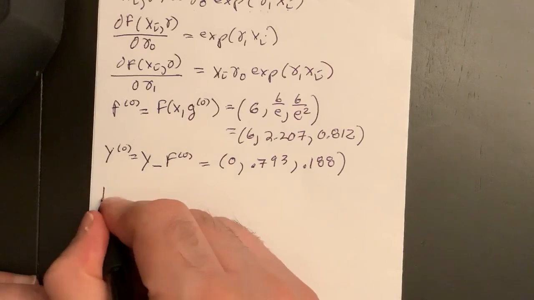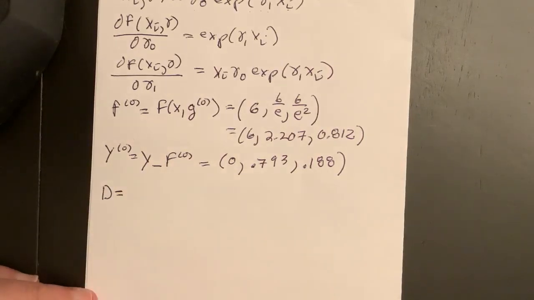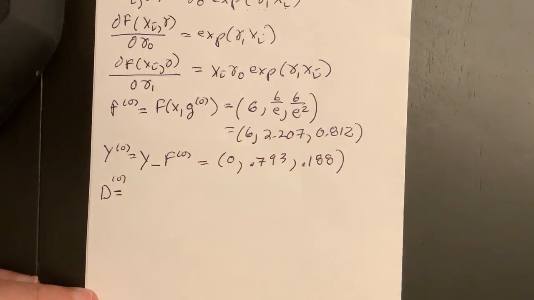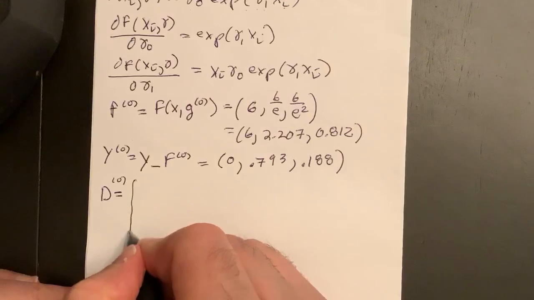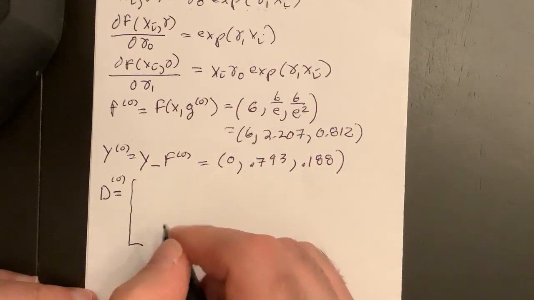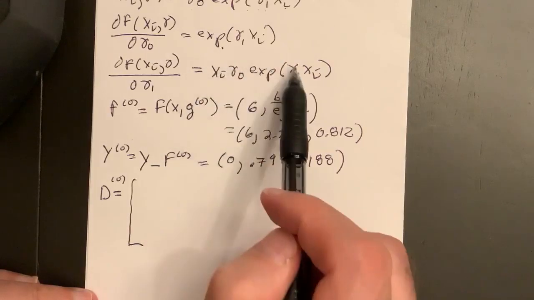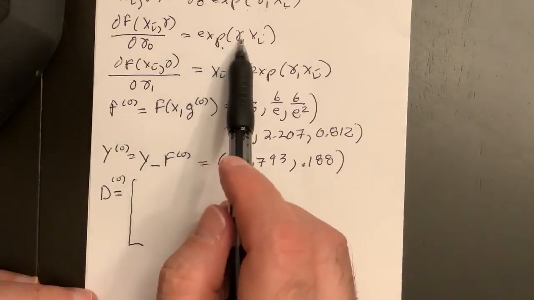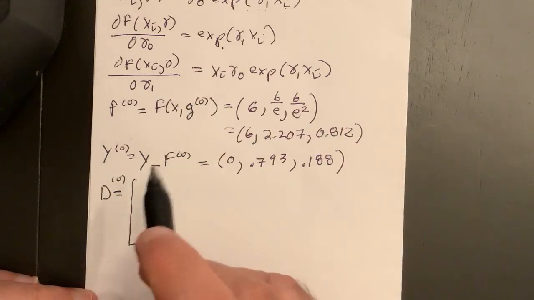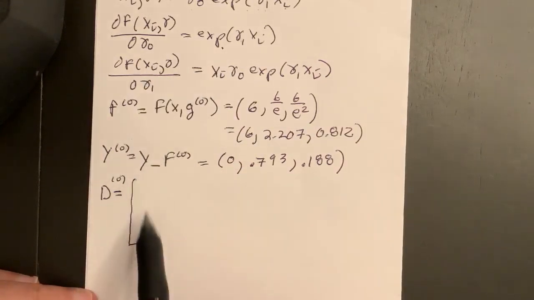We need our matrix of derivatives now. We'll call it d0. This is just the partial with respect to gamma 0 in this column and with respect to gamma 1 in this column. So it's going to be this and this evaluated at the g's, replacing the gammas with the g's and the xi's, filling them in. Let's go down this column first.